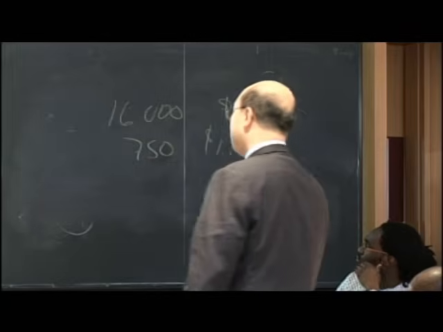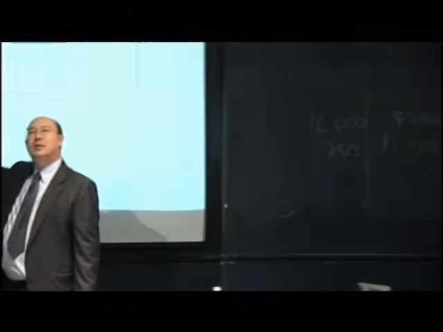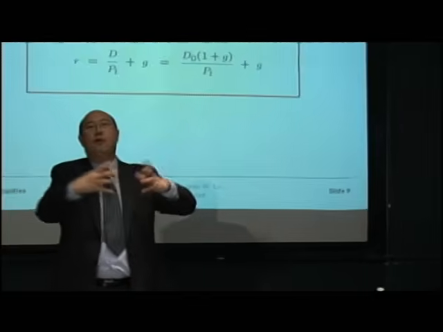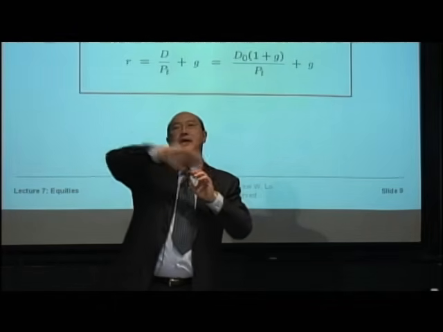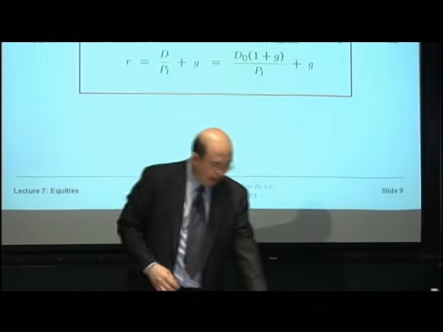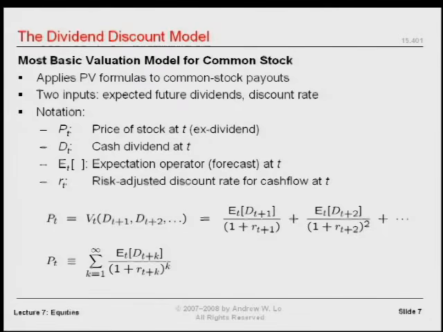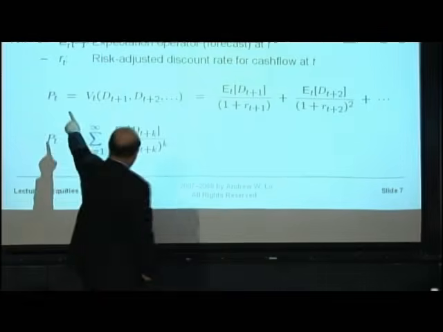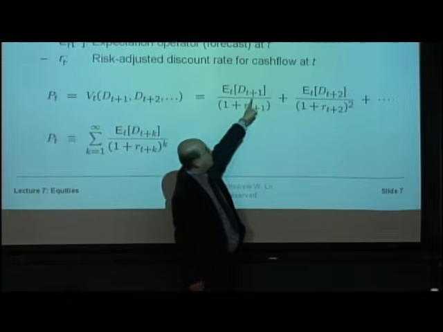Now, remember, the way that we structured this dividend payment, the way that we had our formula set up, the dividends are the dividends that get paid next period, right? If you go back and look at the formula, this is the price today and it's given by the dividends paid at time t plus 1.